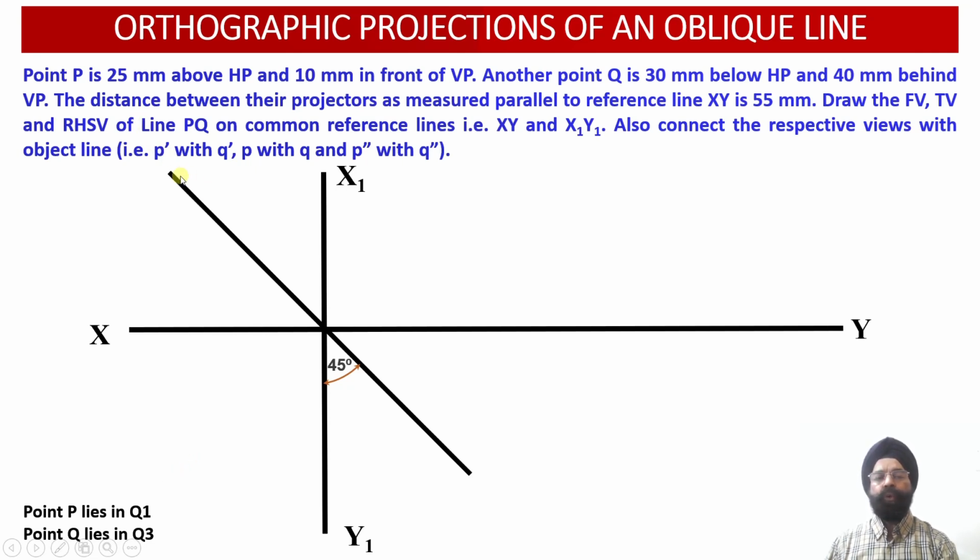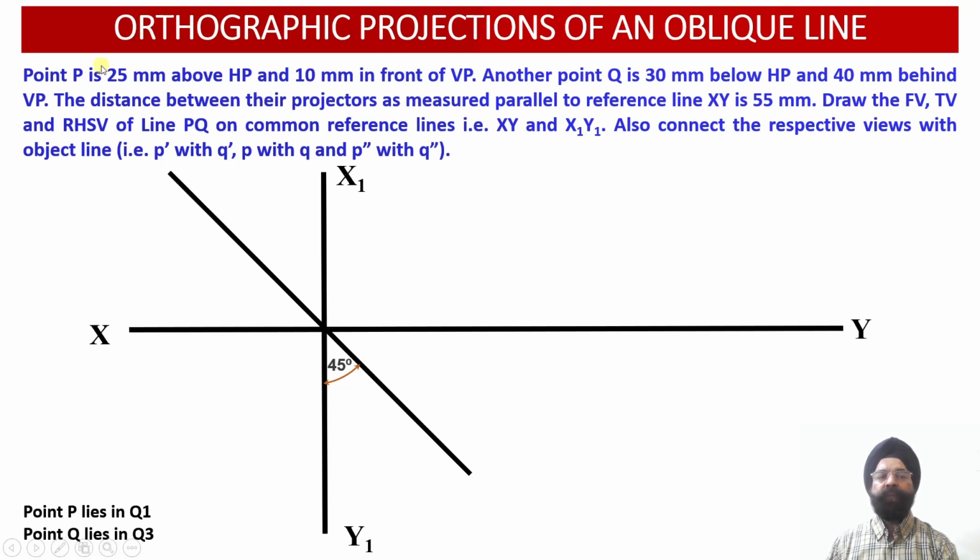Since we have to deal with transferring the distances from the vertical plane into the first quadrant and the third quadrant, this type of inclined transfer line we are required to draw at an angle of 45 degree with respect to the XY reference line or 45 degree with respect to the X1 Y1 reference line. So this is going to be our unique transfer line which we require in this particular case because we have to deal with 2 points P and Q which lie in quadrants 1 and 3.